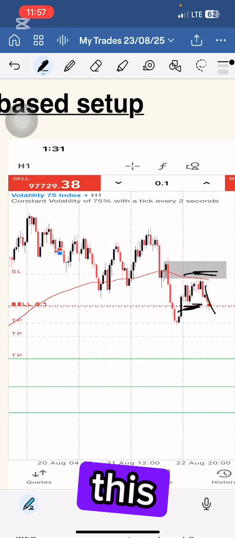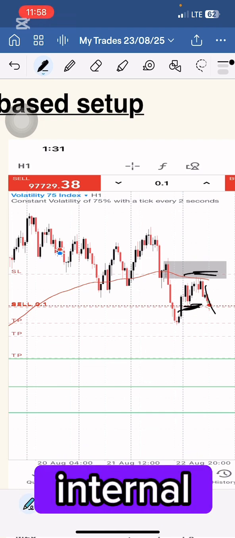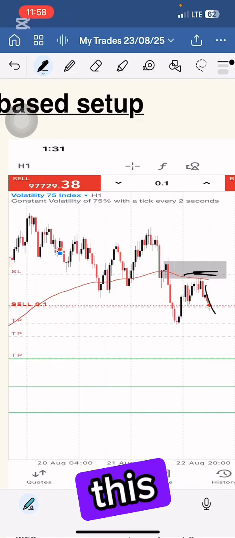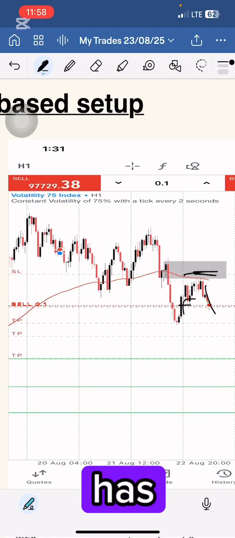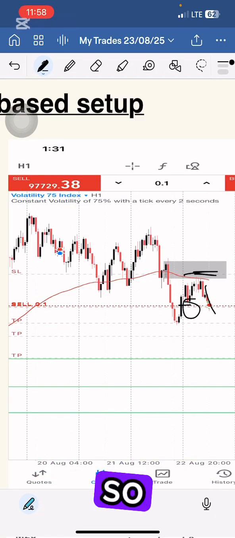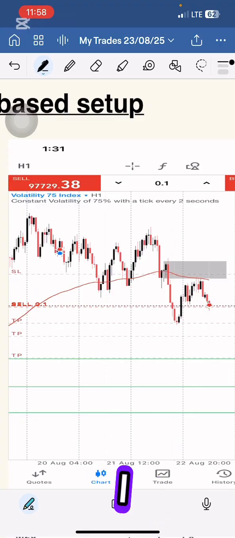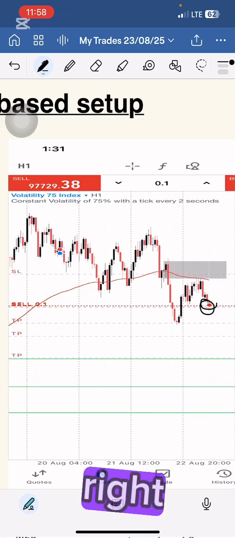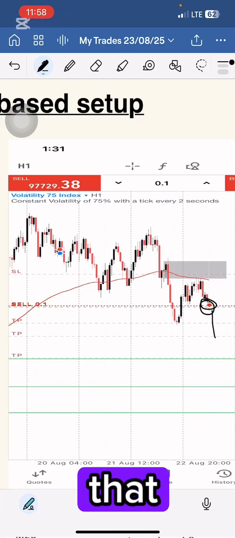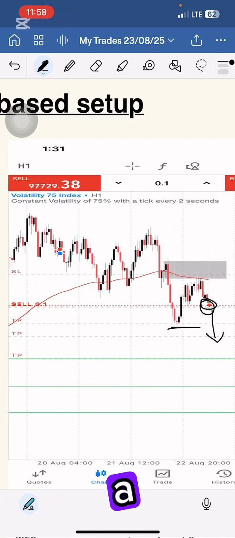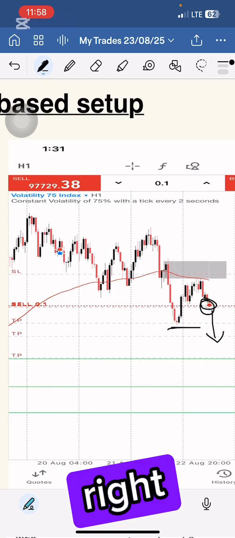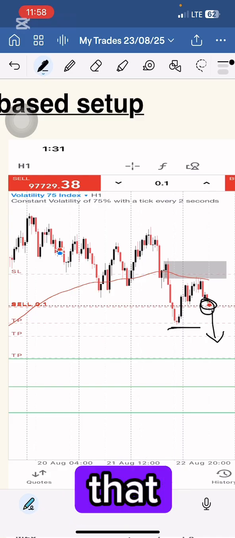Already it has broken this internal low. Look at this internal low here. Price has broken it already. So I decided to join the trade right here, anticipating that price will take out this low to form a lower low, right? So that was the analysis.